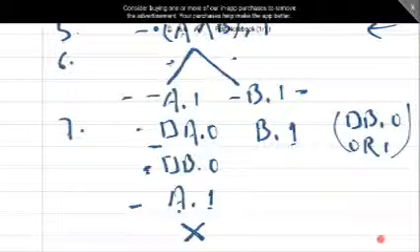Now again we have a contradiction, not B1 and B1, so this branch will also close.